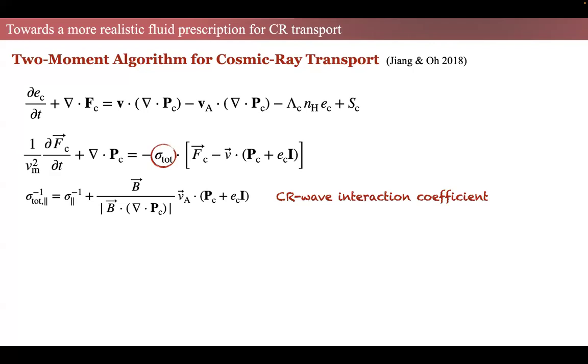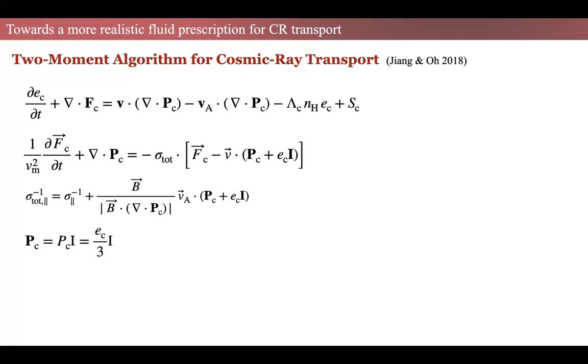This means that in the direction parallel to the magnetic field, sigma tot allows for streaming at the ion alpha waves and diffusion relative to the waves. Here, sigma parallel is the scattering coefficient that I mentioned in the previous slides.